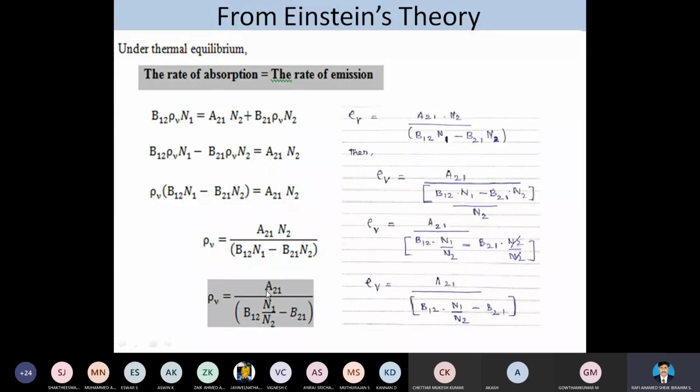So we have just completed this equation. Rho v is equal to A21 by B12 N1 by N2 minus B21. Now we have to measure the value of N1 and N2. To find this value, we are going to consider a constant.